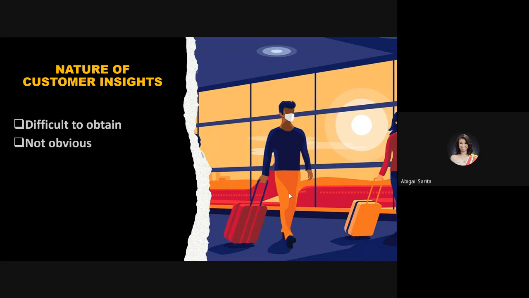Next, not obvious. So class, for example, pag sinabi nating not obvious, hindi natin siya agad-agad napupuna or nakikita. So for example, ikaw yung front desk sa isang hotel, in Manila or in Makati, for example. Tatanungin mo yung customers mo sa stay niya. For example, ma'am, how's your stay in our hotel or in our facilities? Did you enjoy it?